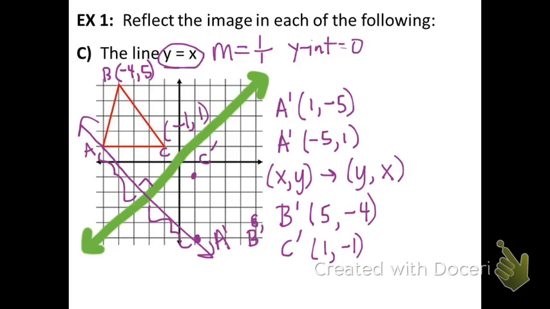C prime, and there's our new triangle. And then I went ahead and talked about if we constructed C to C prime, it should be perpendicular, and also if we constructed B to B prime, that segment should be perpendicular as well. And there is our reflection into the line y equals x.